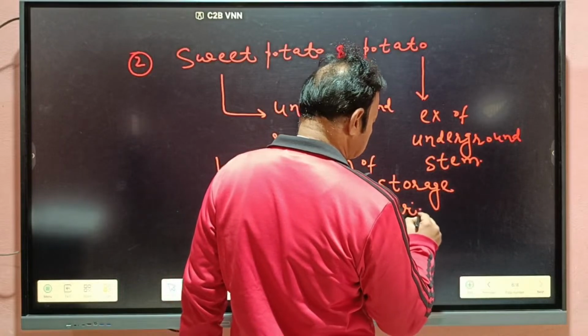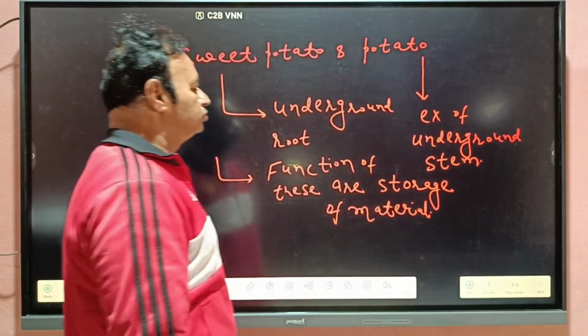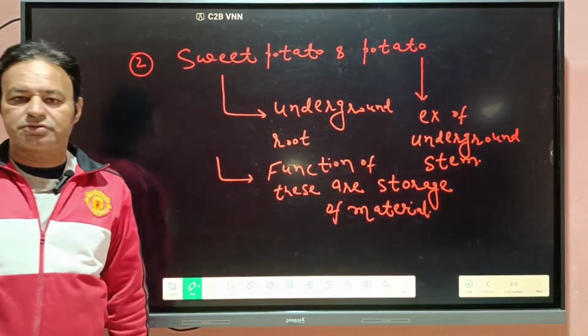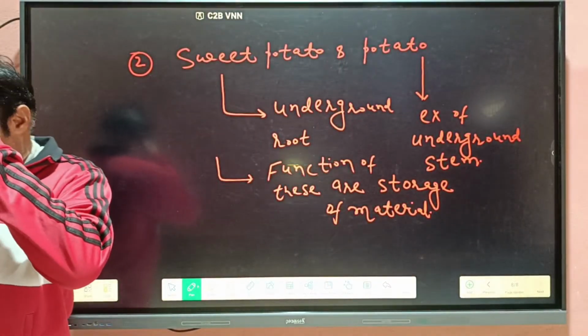So these are examples of analogous organs.